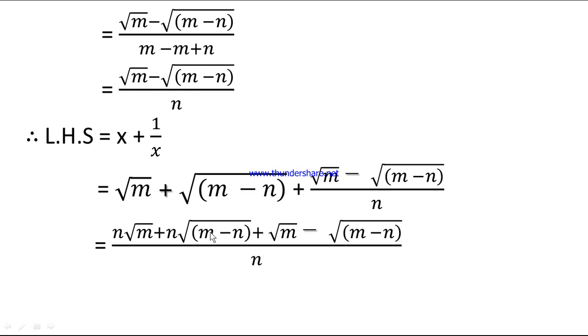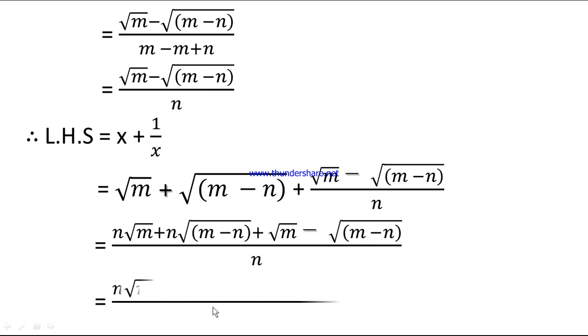So the product is n root over m plus n root over m minus n, and here I have written only the denominator, root over m minus root over m minus n.